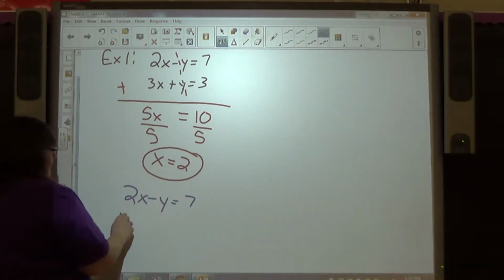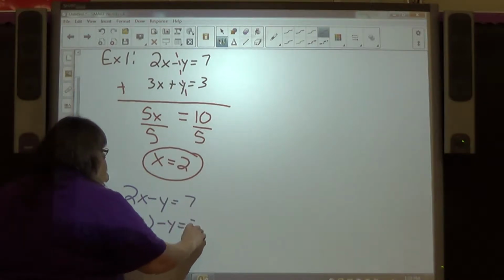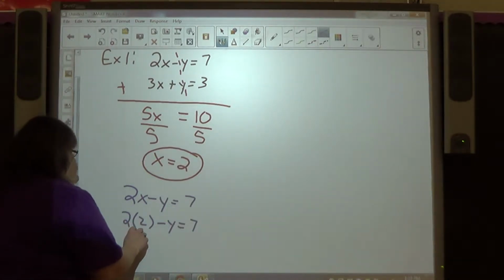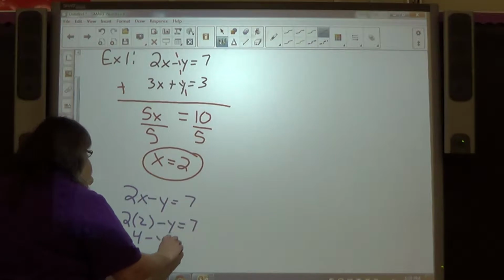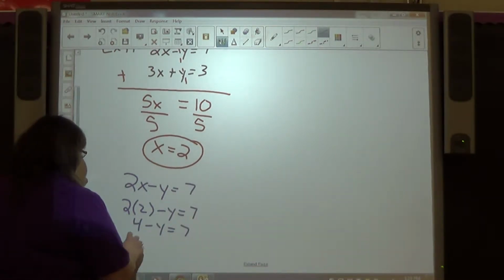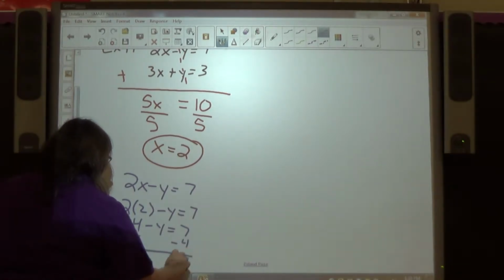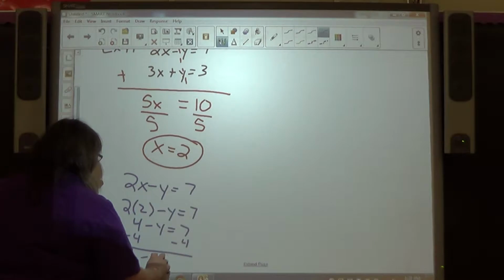We plug x in, so 2 times 2 minus y equals 7. 2 times 2 is 4, minus y equals 7. So I need to subtract my 4. So this becomes negative y equals 3.